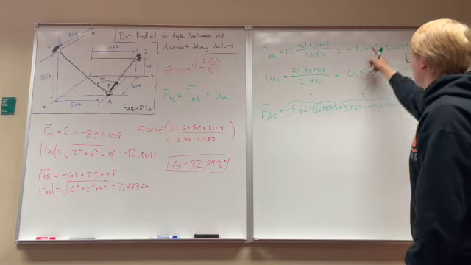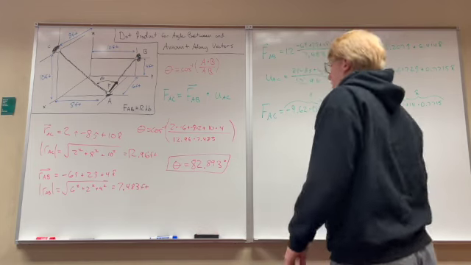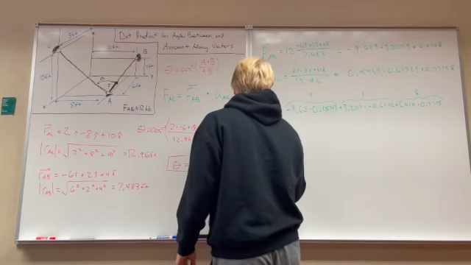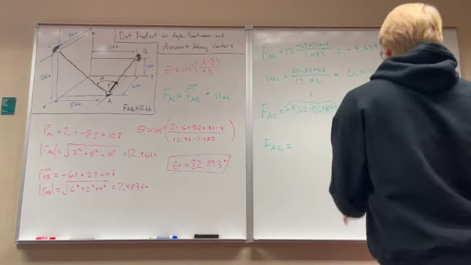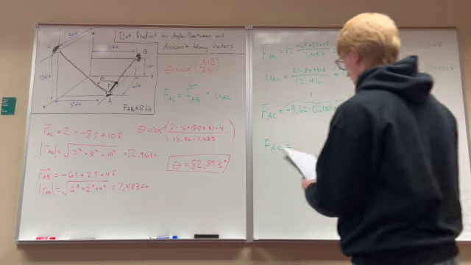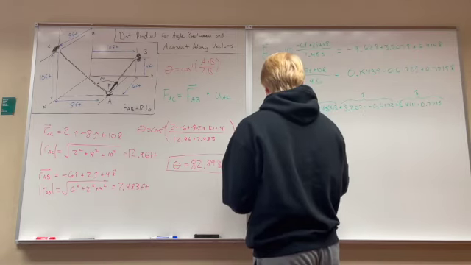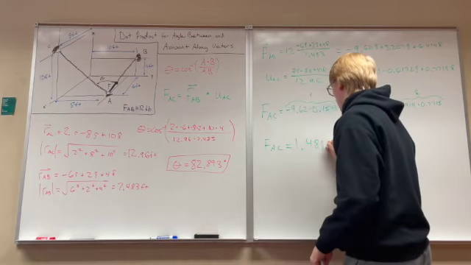I took those numbers, and that's what dot product is. And so when you do that math, you lose the labels, right? You're going to get 1.48 approximately, and that's in pounds.